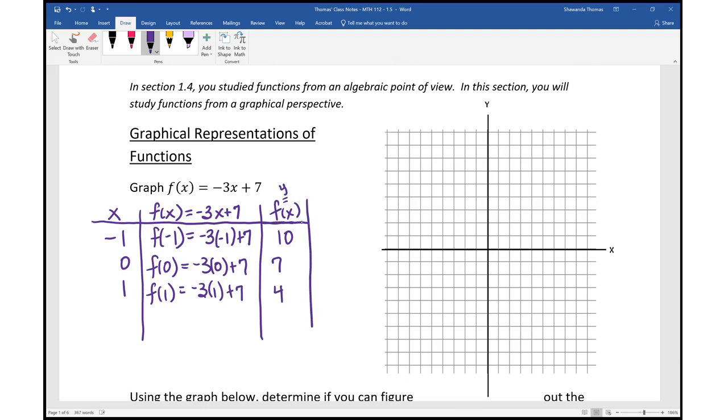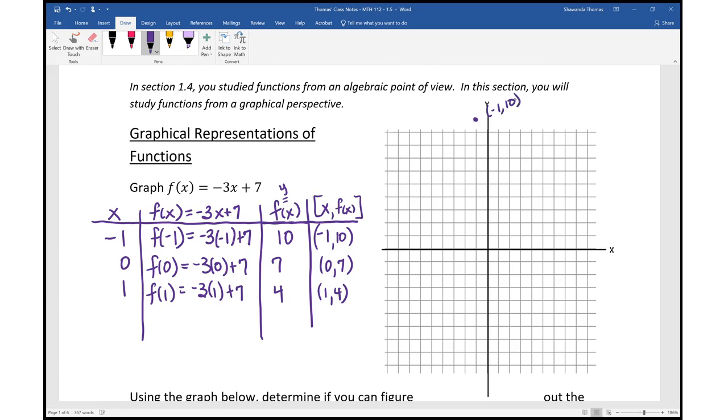So if we write our input and output as a point x and then y, or f of x, then our first point here will be negative 1, 10. We have 0, 7, and 1, 4. So let's plot these points on our coordinate plane. We start at the origin, which is 0, 0, in the very center, and we move left 1 unit and up 10 units. So when we go up 10 units, we end up here somewhere.